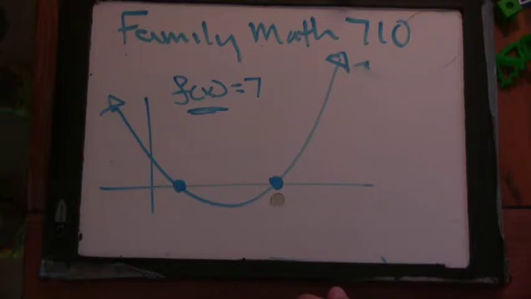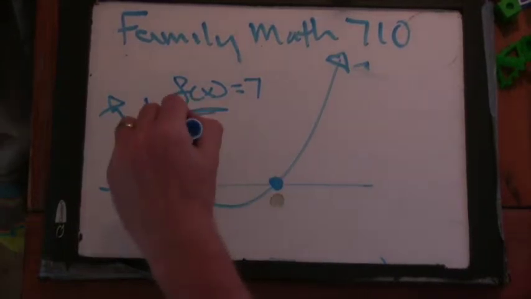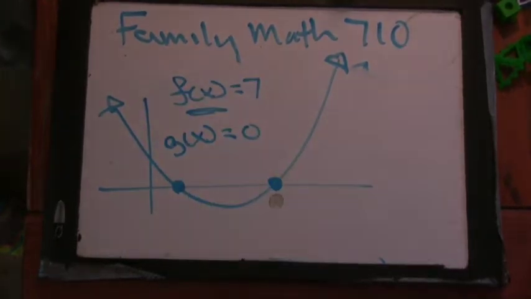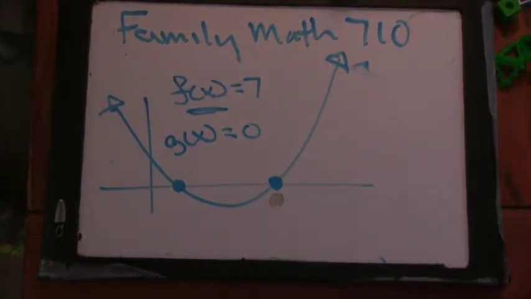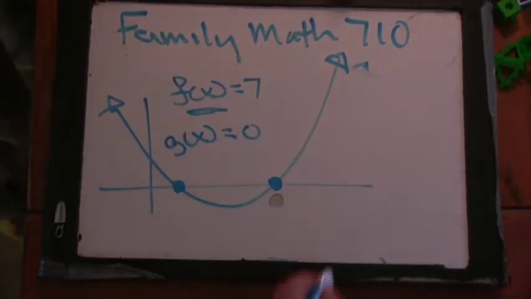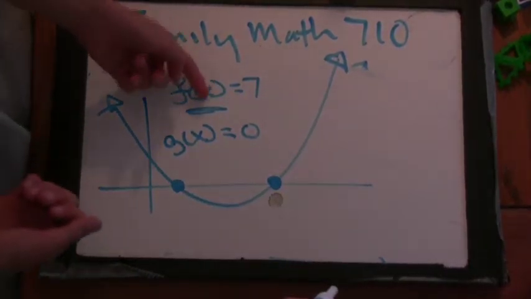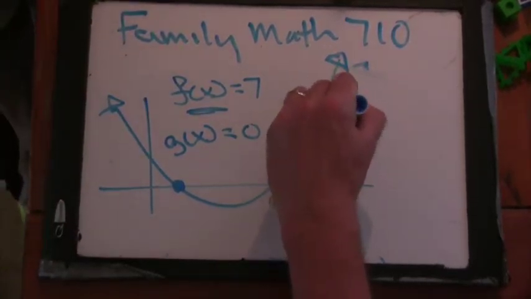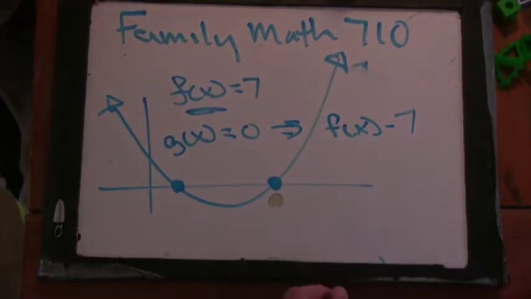What new function g of x equals 0 when this function equals 7? Well, you just take whatever you did to x and you subtract 7 from it. Right. So this function is just going to be f of x minus 7. That's going to be what g of x is.